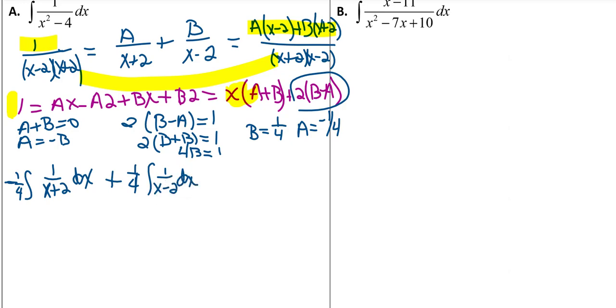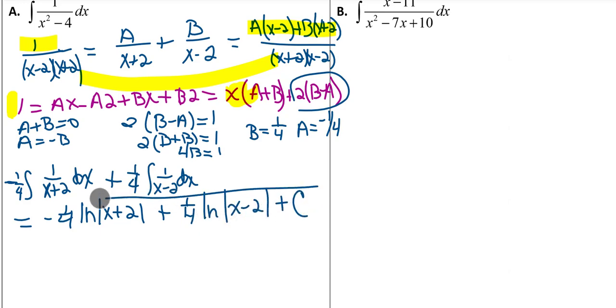Now these are just natural logs. So I have negative 1/4 ln of the absolute value of x plus 2, plus 1/4 ln of the absolute value of x minus 2, and then plus C. The most work comes in finding A and B.